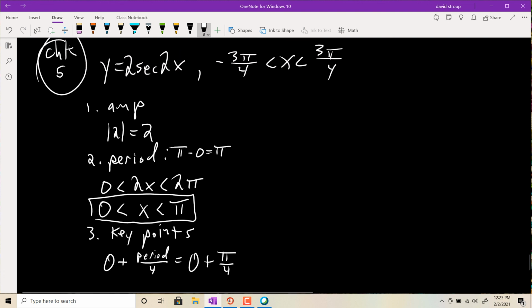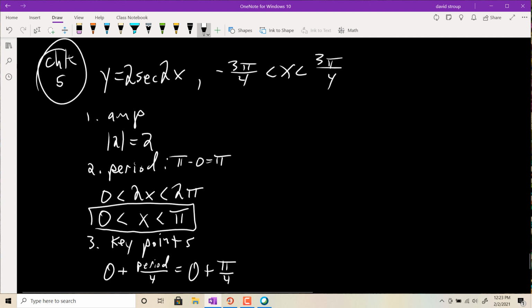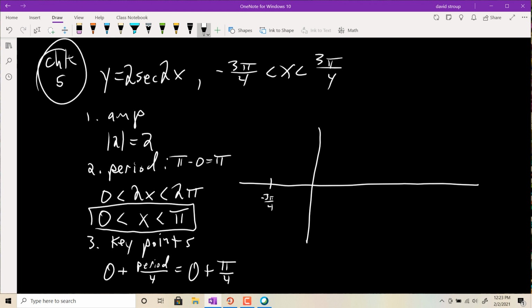Okay, we want to start at negative 3 pi over 4 for whatever reason. So negative 3 pi over 4 is back here. And I'm going by pi over 4. So negative 2 pi over 4, negative 1 pi over 4, 0, 1 pi over 4, 2 pi over 4, 3 pi over 4, 4 pi over 4 should give us one complete period if you start at 0.